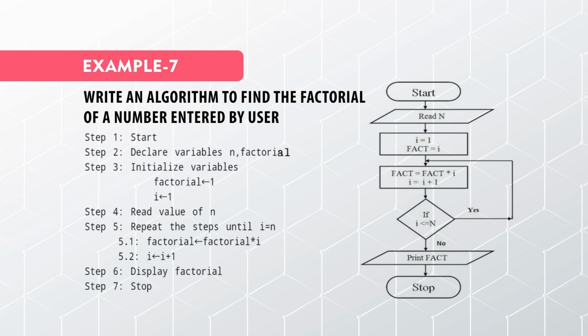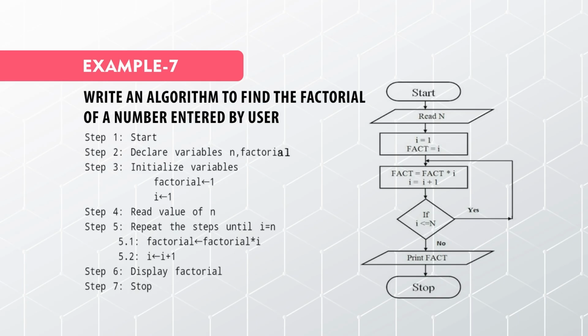Now 2 is less than or equal to 3, yes, it again goes up. Now fact is equal to 1 and I is equal to 2, so the new value of fact will be 2, and I is equal to I plus 1, that is 3. Now 3 is less than or equal to n, yes, it again goes up.